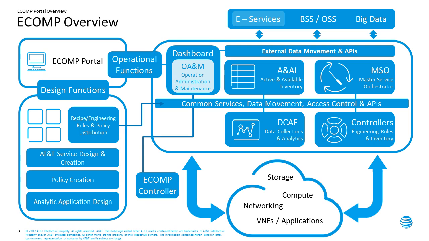And these are all glued in with each other using common services, APIs, access control, and data movement. On the northbound, the operational functions communicate with other e-services systems, BSS, OSS systems, as well as big data systems for analytics and data science.